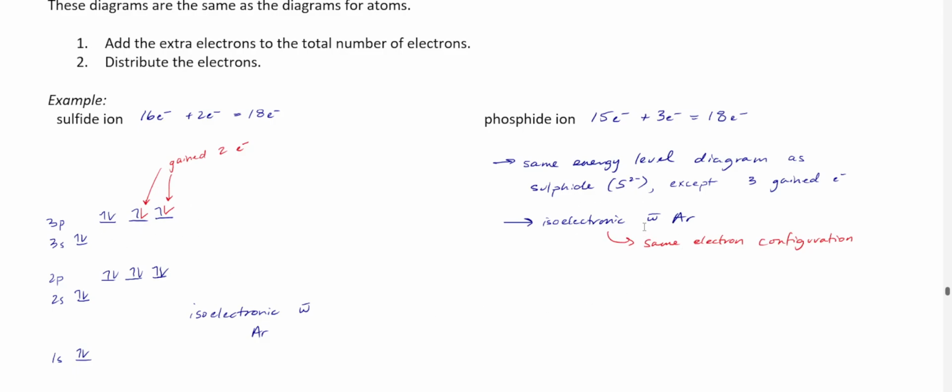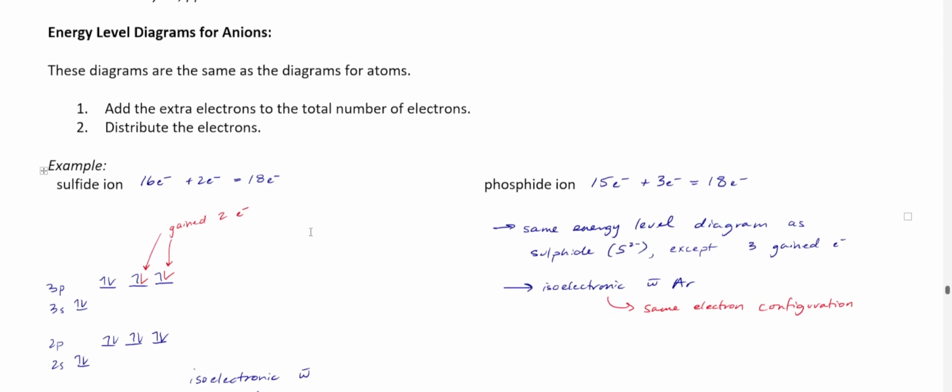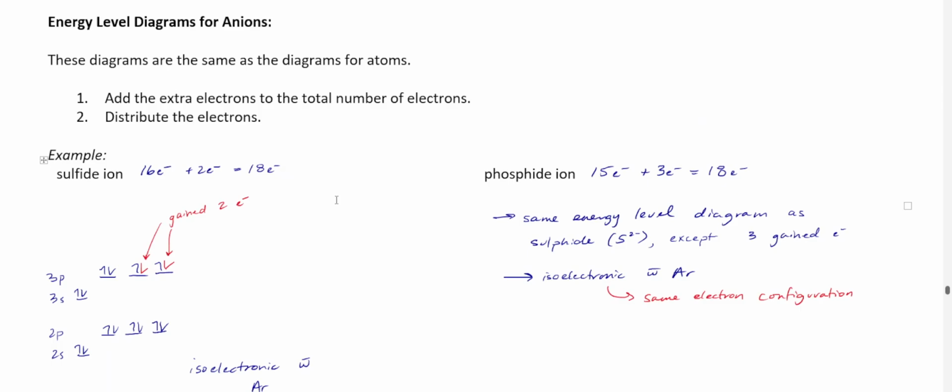And so again, it is going to be isoelectronic with the noble gas argon. Isoelectronic meaning it has the same electron configuration. So that is how we do energy level diagrams for anions. We look at the gained electrons and then we add them.